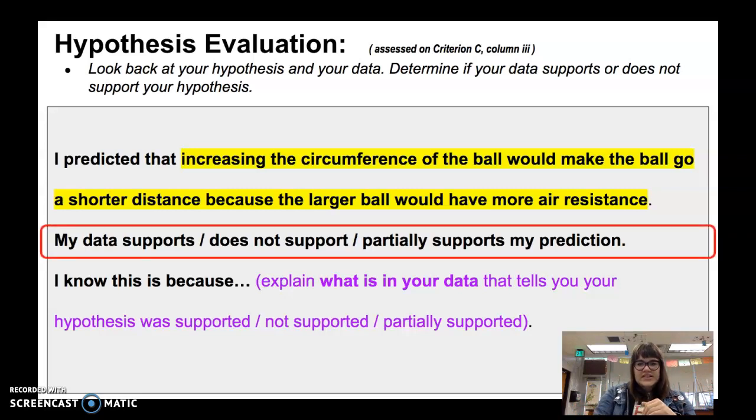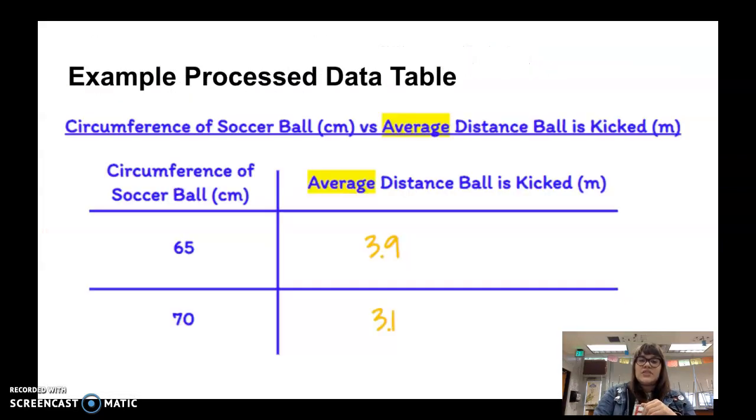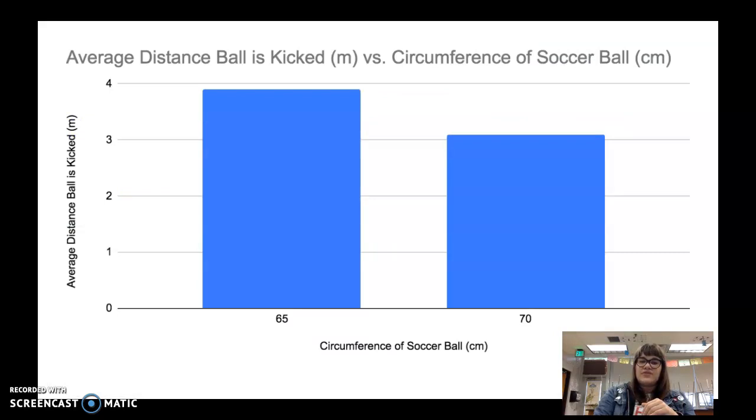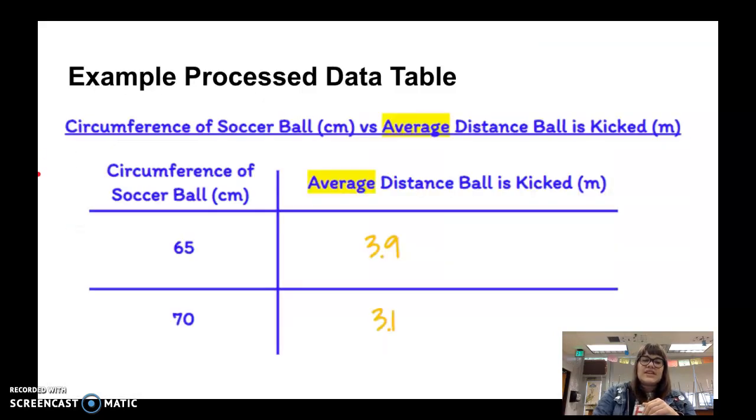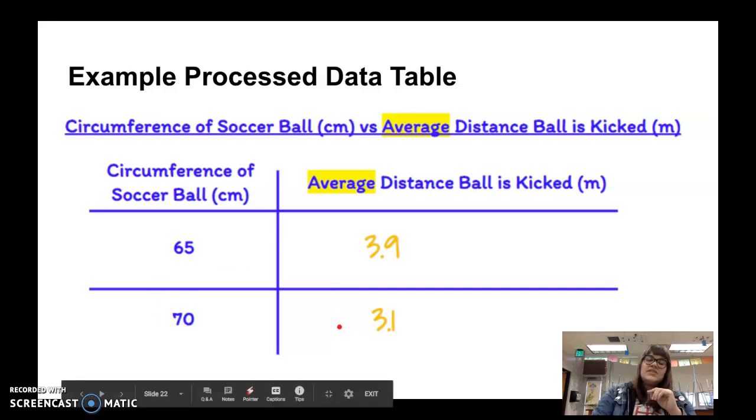All right, the next section is whether your data supports, does not support, or partially supports your prediction. In order to do this, you're going to have to look at your process data table and your graph. What I see was that when the circumference of the ball increased, the distance the ball went decreased.